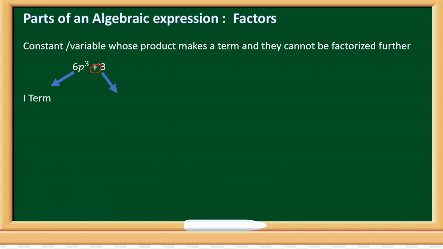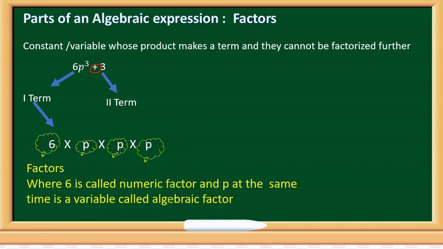Now in this example, when we consider the first term 6p cube, it can be written as a product of 6, p, p, p, that is 6 into p into p into p. This 6, p, p and this p all are the factors.